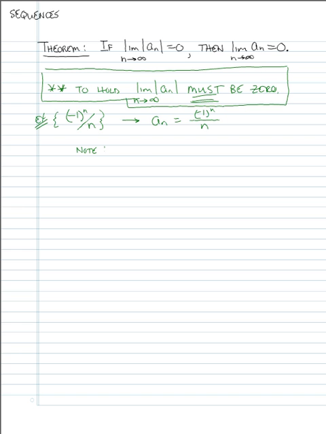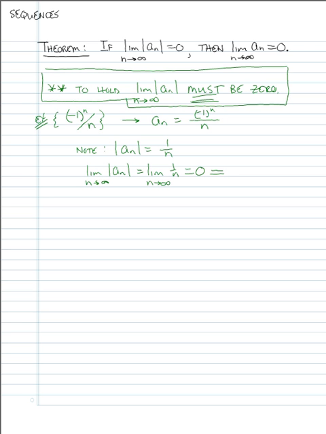The absolute value of a sub n is always going to give a positive result, isn't it? And so we know if a sub n is -1 to a power n, then sometimes that's positive, sometimes that's negative, but in this case the absolute value will always give us 1 over n. So now we know that the limit of the absolute value of a sub n's is the same as the limit of 1 over n as n approaches infinity, and we know that's equal to 0.